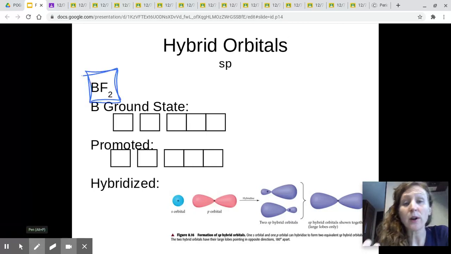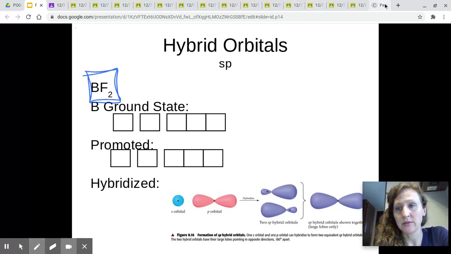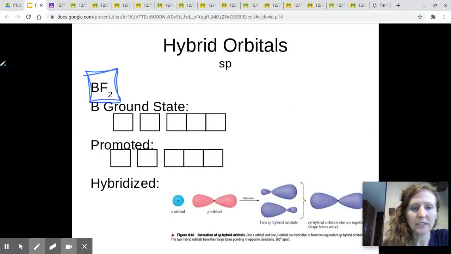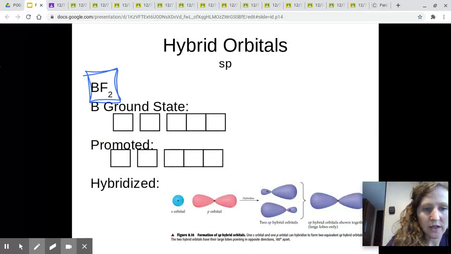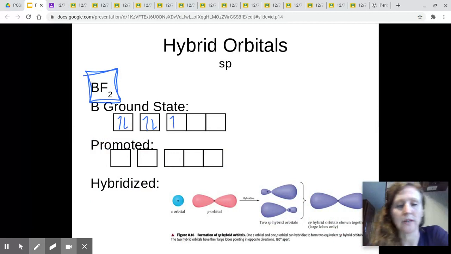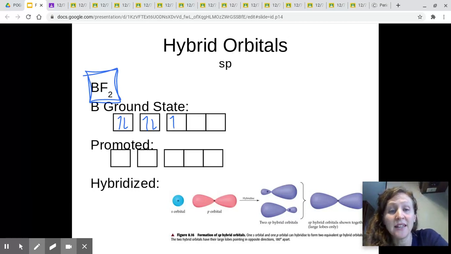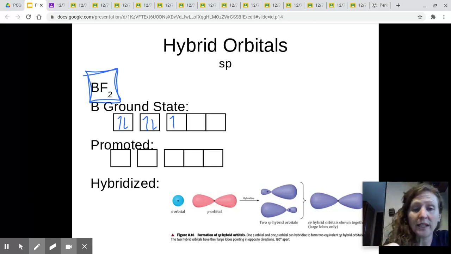So boron in the ground state, right? Boron is going to have 5 electrons. So here's the 1s, 2s, 2p. Okay, 1, 2, 3, 4, 5. There's boron's ground state. Now, in this case, we only have one unpaired electron, right?